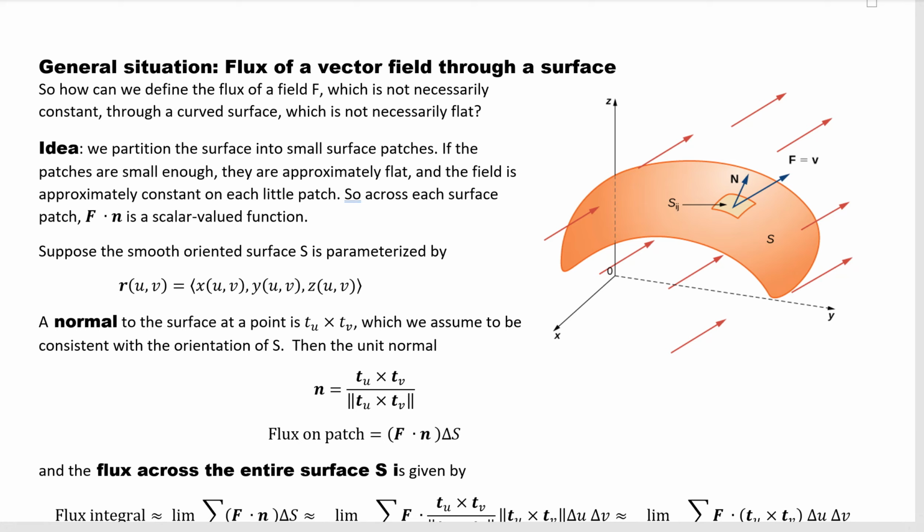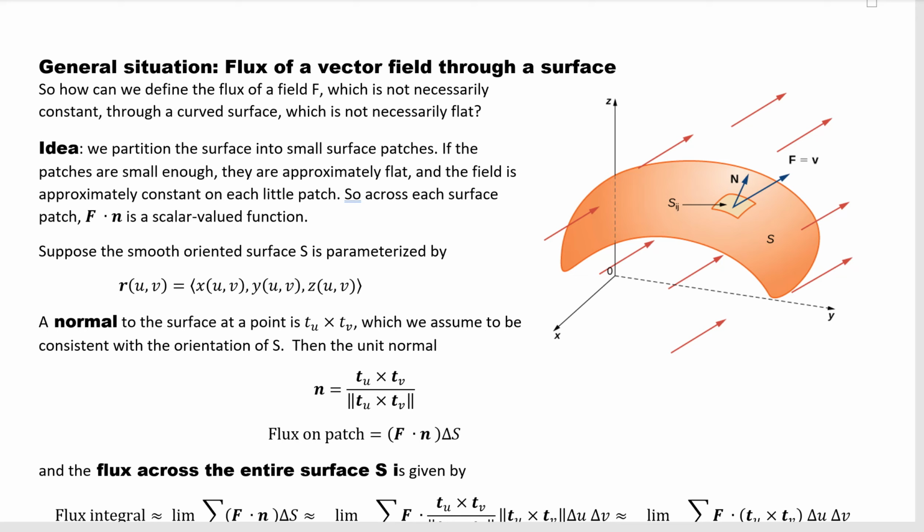Well, the idea is we can partition the surface into small surface patches, and if the patches are small enough, they are approximately flat, right? We can use the tangent plane at that point to approximate it. Then the field is approximately constant on each little patch. So across each patch, F dot N is a scalar valued function.